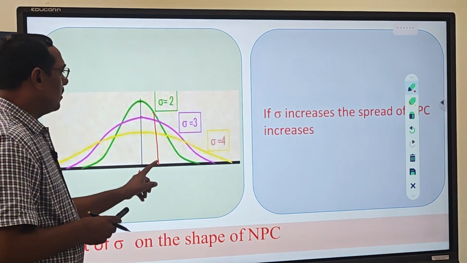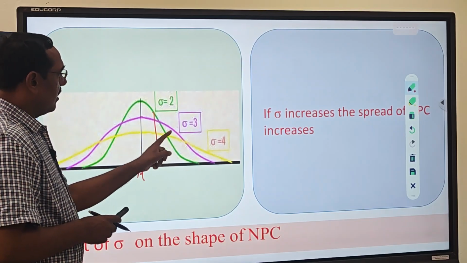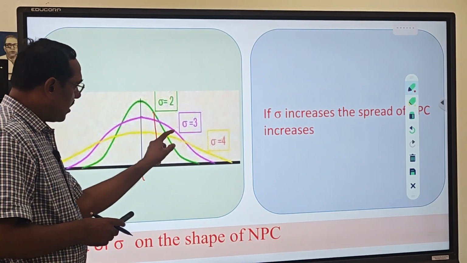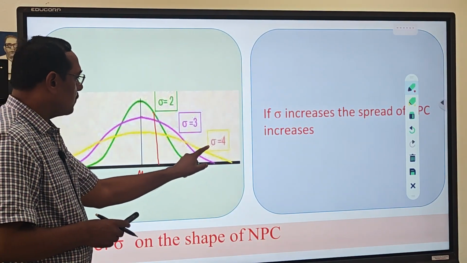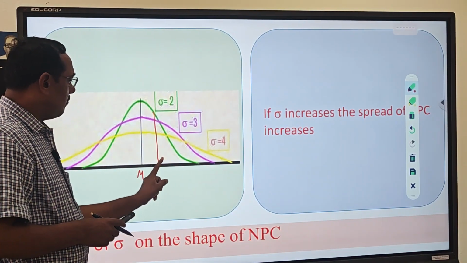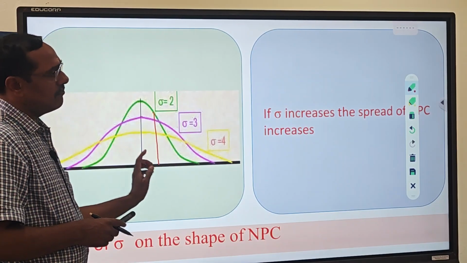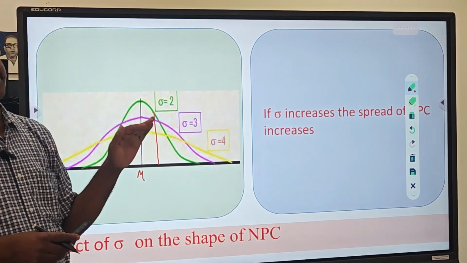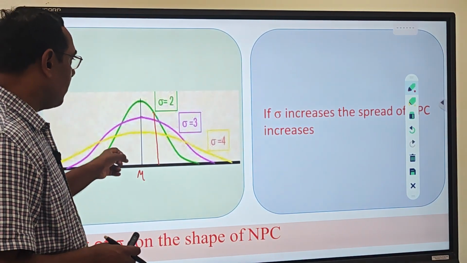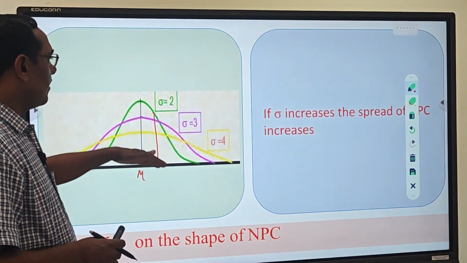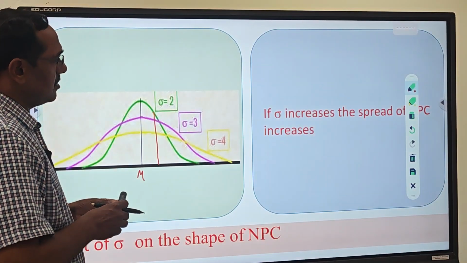This is 2, hence the curve is like this. If standard deviation is 3, it is spread a little more, that pink color. If standard deviation is 4, you can see mean plus 1 standard deviation will be here. Therefore, the standard deviation tells the spread. As standard deviation increases, the curve is more spread. If it decreases, the curve is less spread.